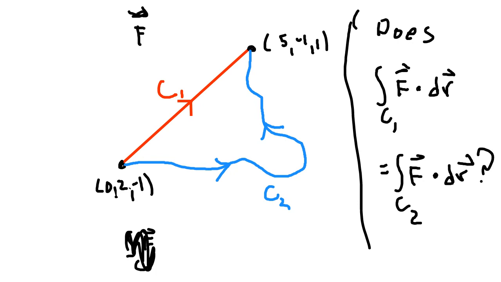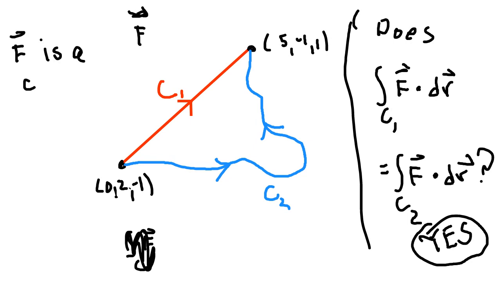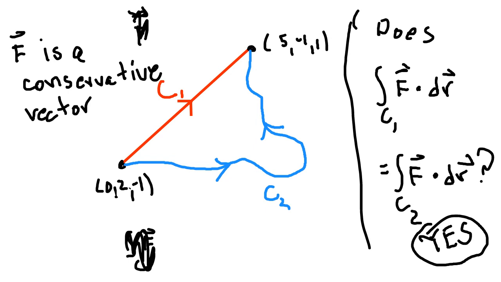That's right, Lexi. The work is the same. Very good. And that's because we have a conservative vector field. The vector field F is a conservative vector field. So all that matters in computing the work is the starting point and the ending point of the path.